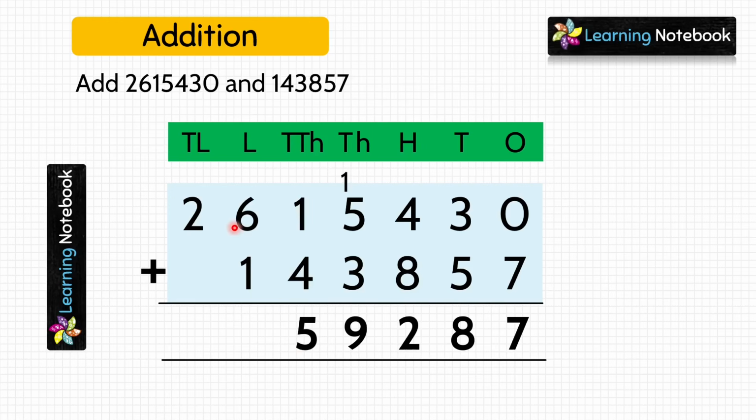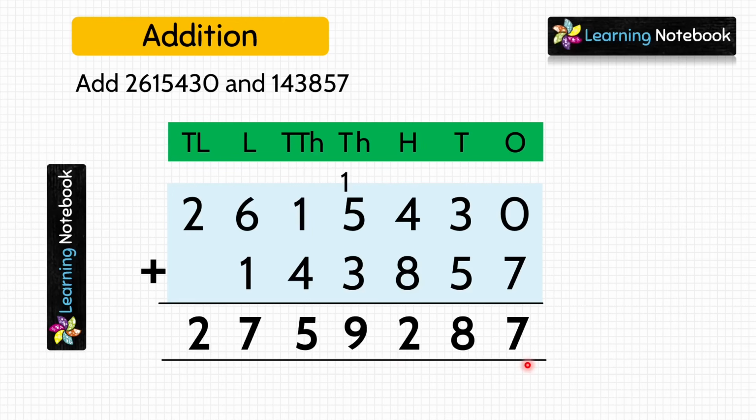Next, add the digits at lakhs place. 6 plus 1 equals 7. And lastly, we will add the digits at ten lakhs place. Here we have only 2. So let's write 2 in the answer. So this is our answer: 27,59,287. 27 lakh 59 thousand 287. So this is how we add large numbers.